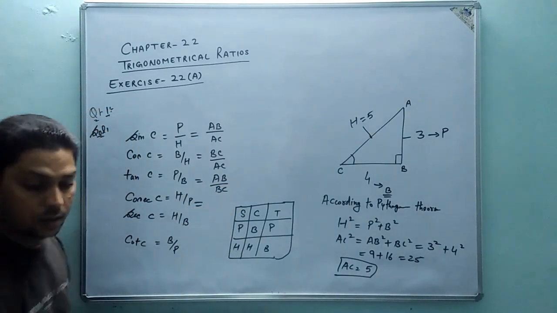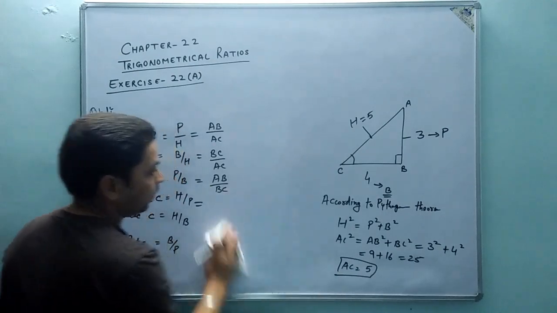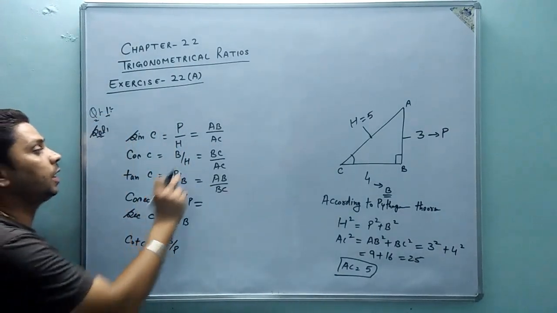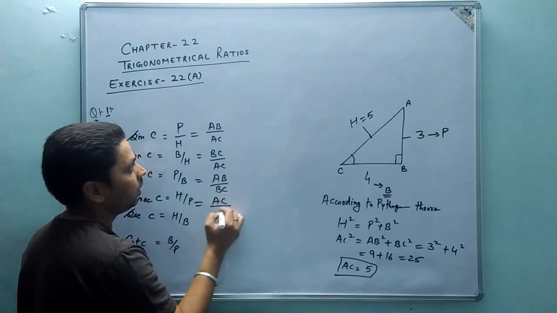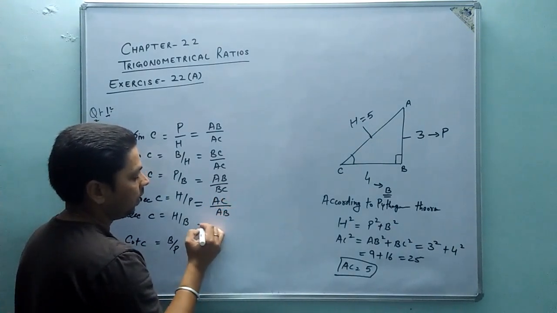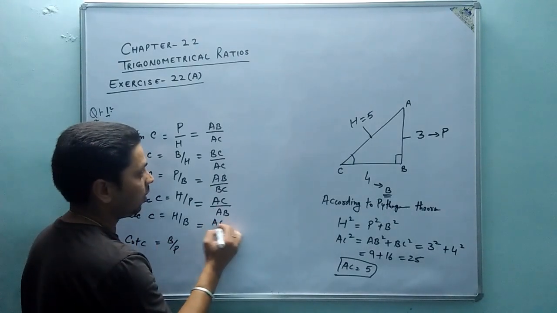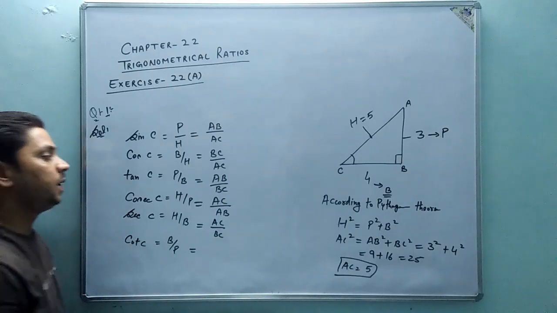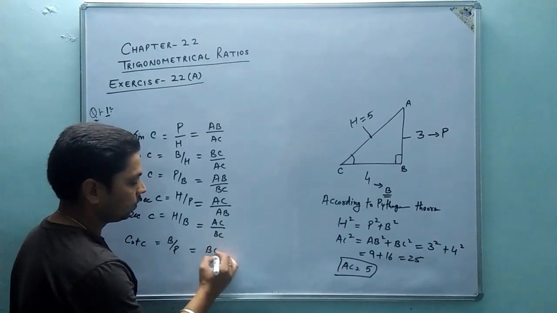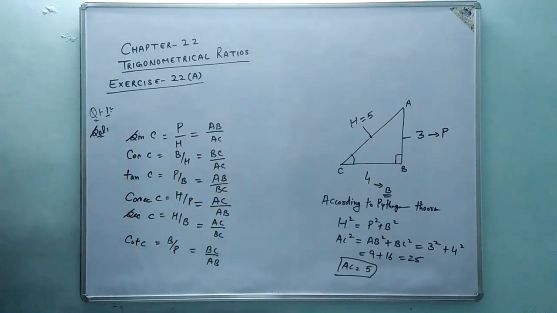Then we have cosecant. Invert it, it will give you AC over AB, and here we have secant, that means AC upon BC, and last we have BC upon AB. We are inverting it and we will have the value of cot.